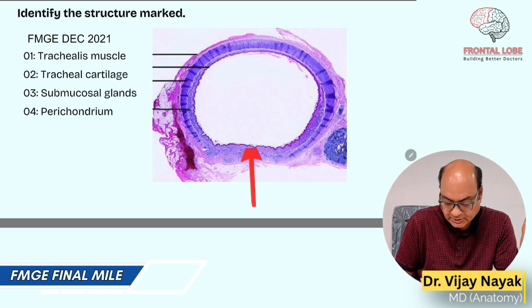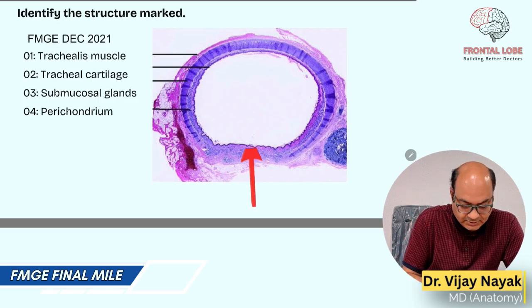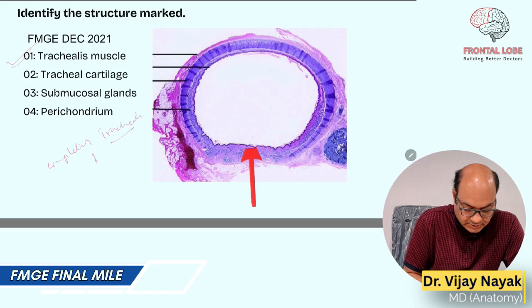So this tracheal ring is completed by the trachealis muscle. Trachea, remember, is an example of hyaline cartilage. Hyaline cartilage is beautifully seen in the slide of trachea.